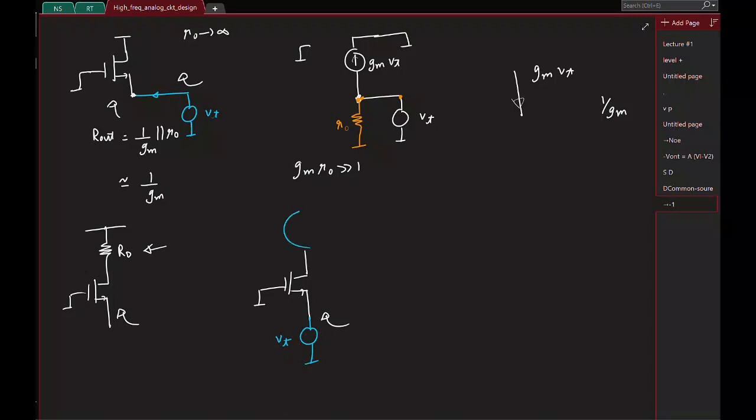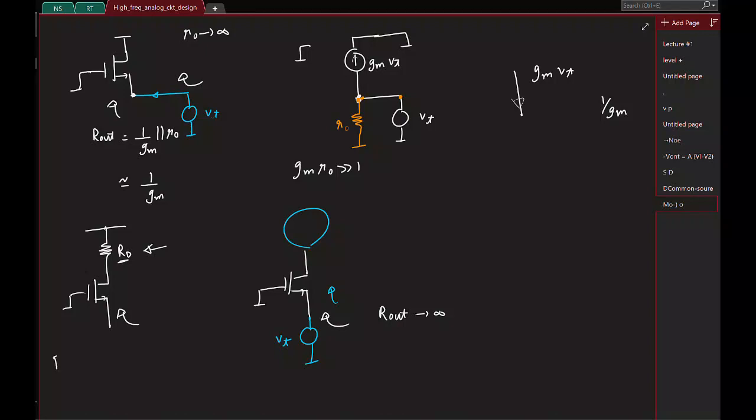So this is an open circuit here. So what will be the current flowing like this? 0. So what is the impedance? Infinite. So in this case it's infinite, right? So the impedance looking into the source is not always 1 by Gm.